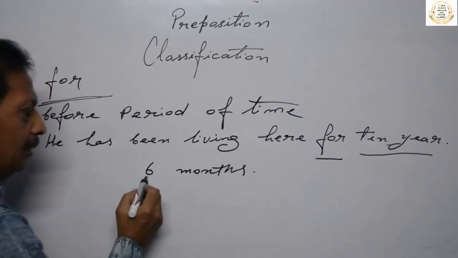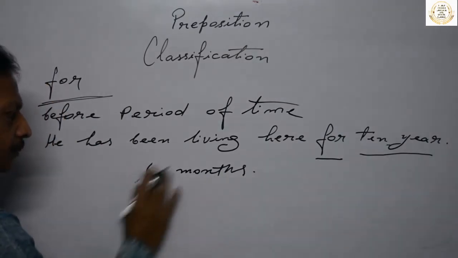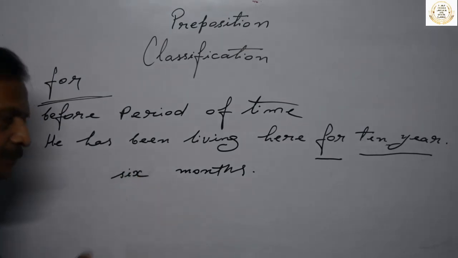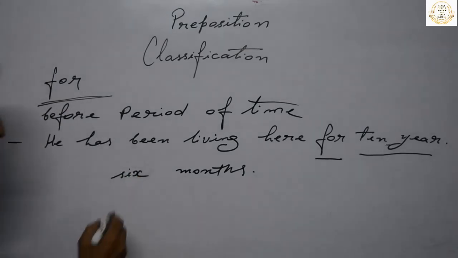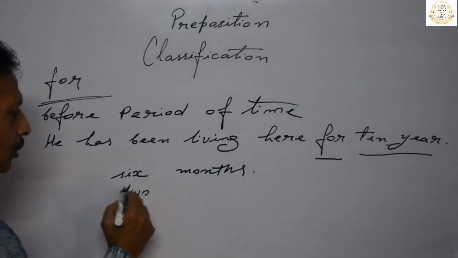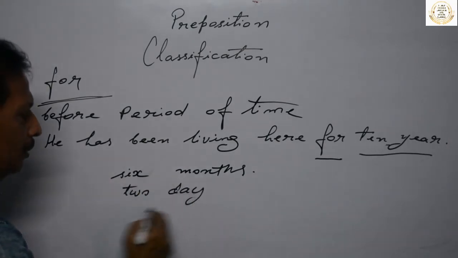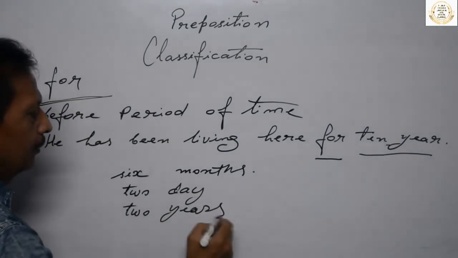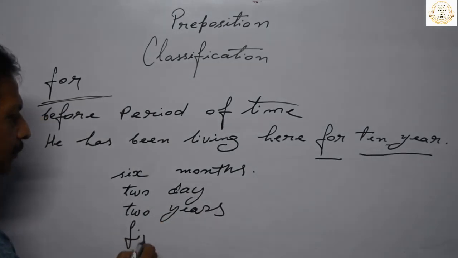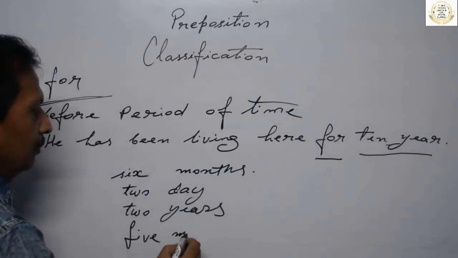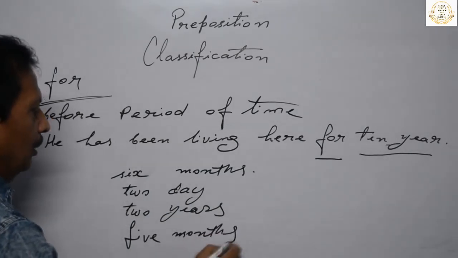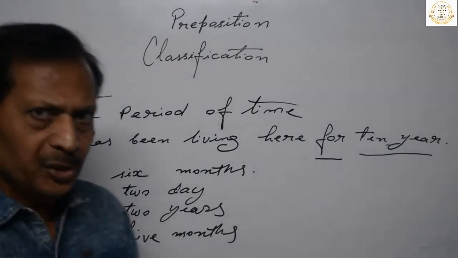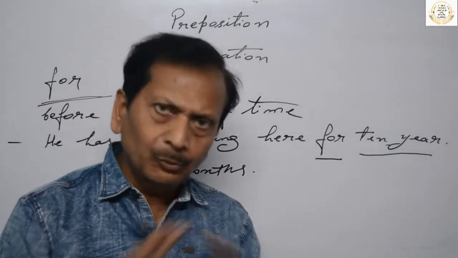Okay, in place of this figure there must be the use of a number, as in 6 months, 2 days, 2 years, 5 months, which can be counted.